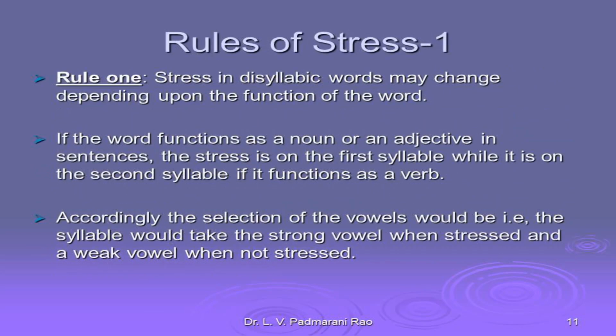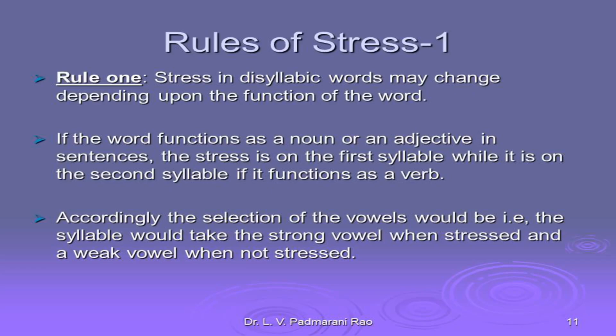The first rule of stress talks about disyllabic words that may change their stress depending upon the function they perform in sentences. When the same words function as nouns or adjectives, the stress is given to the first syllable. But if they function as verbs in the expression, the stress is given to the second syllable.